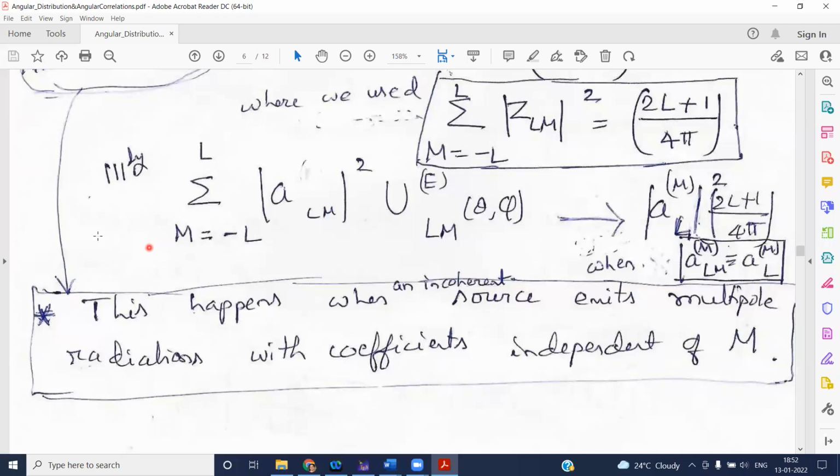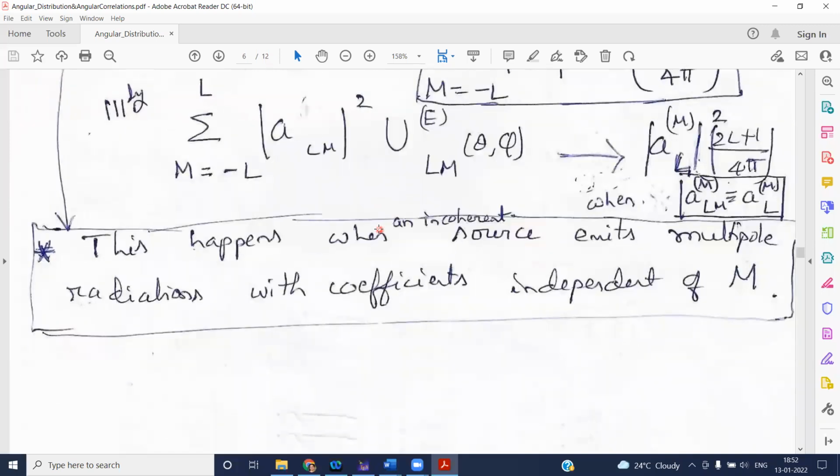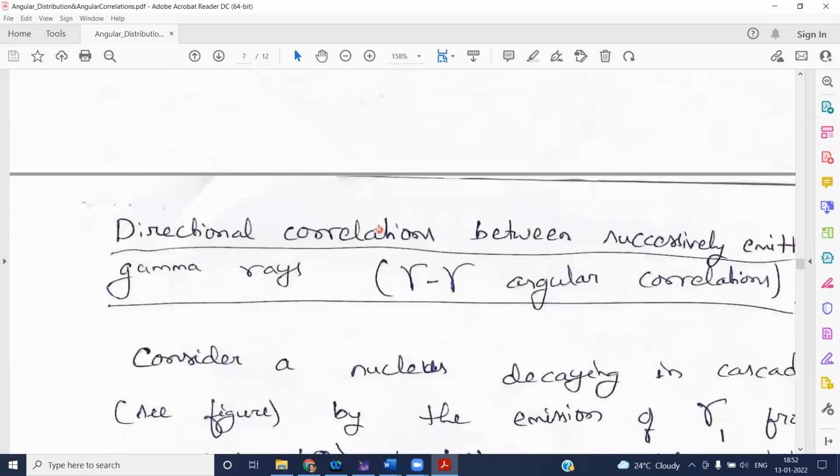We want to know about the nucleus through the emitted gamma rays. So if your take-home lesson is to determine angular distribution, it is not possible with an incoherent source. So we have to have some clever ideas to determine the angular distribution of the radiation. How do people do it? That's what I'm going ahead and telling you.